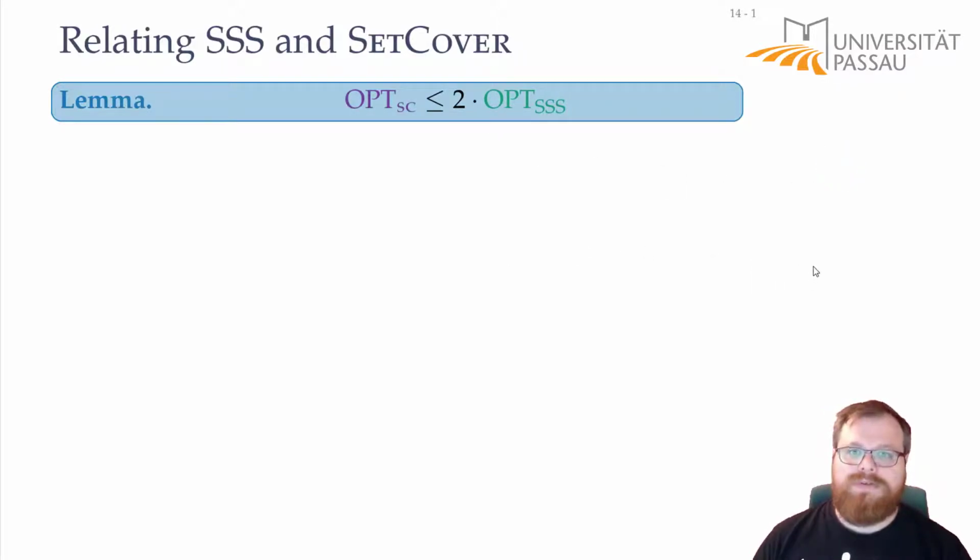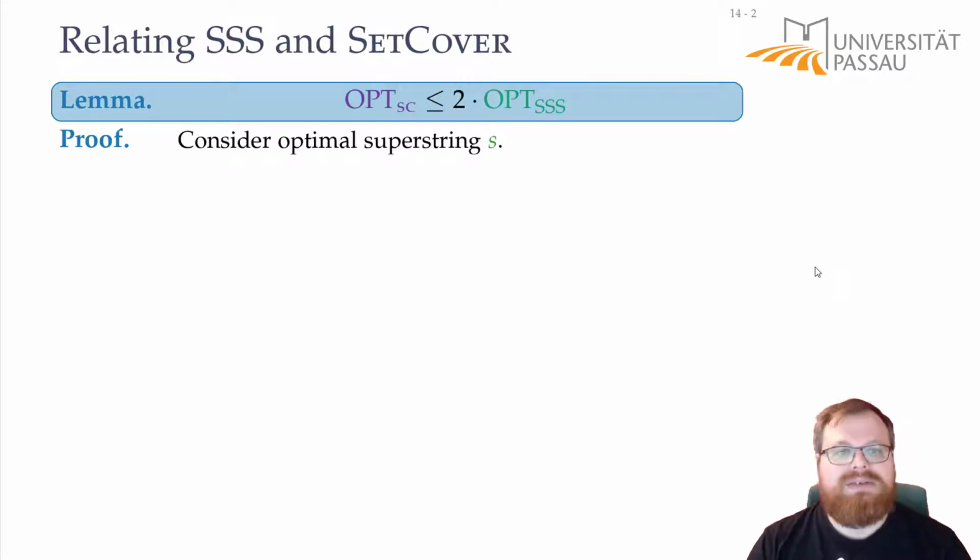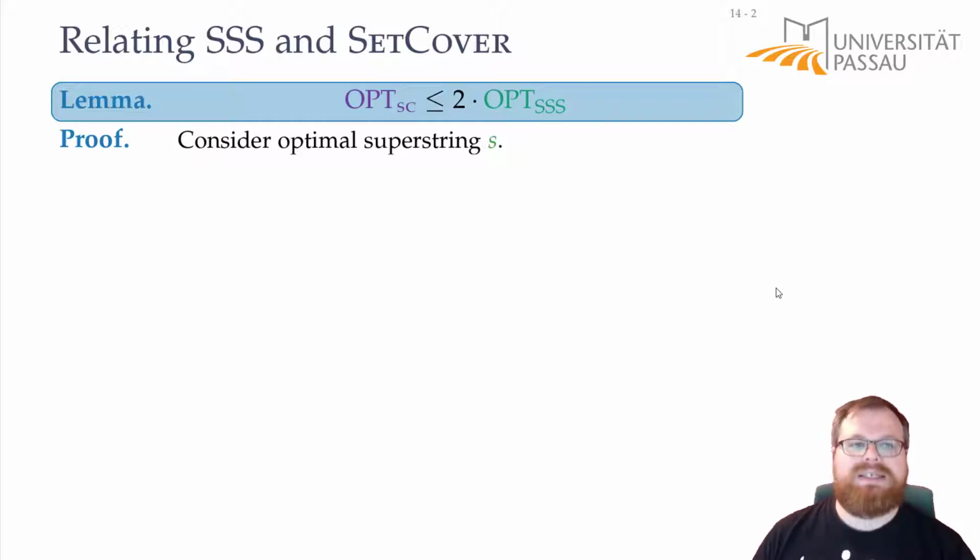Let's try to prove this. Again, we start with the same trick. We consider an optimal superstring. We consider the optimal solution. We just assume that we are given it. And from this, we want to create a solution for the given set cover instance. Now this is a bit more tricky, so I will do it step by step.